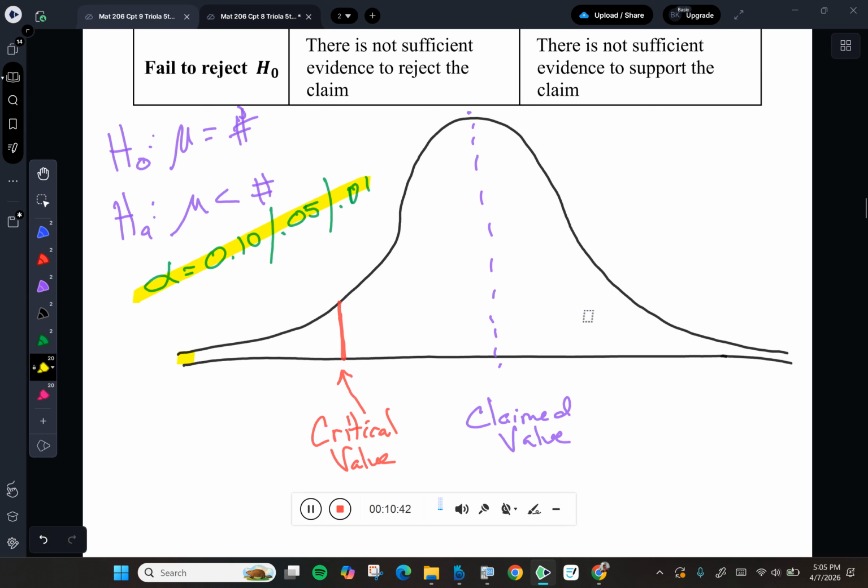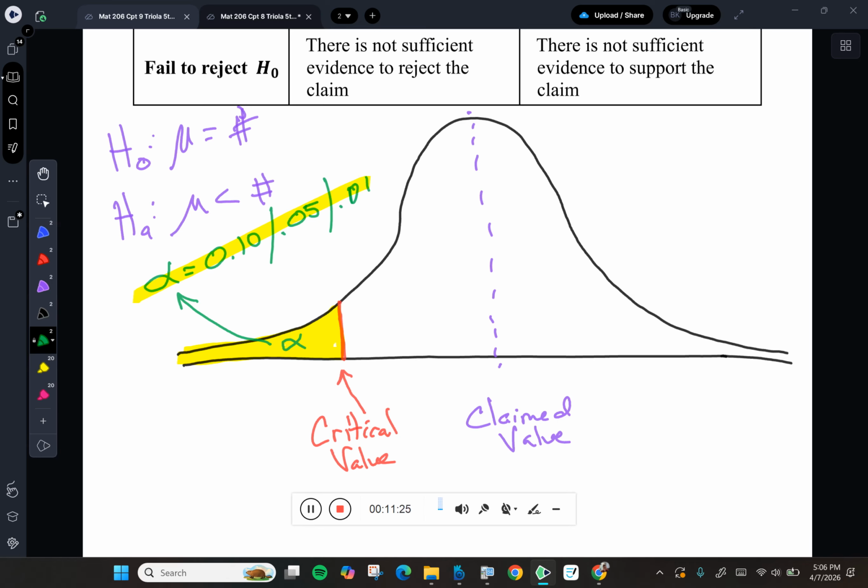That critical value splits our distribution into two pieces, where this left tail in this example has an area that is exactly alpha. So if you're running a 10% level of significance, that tail would have an area of 10%. If you're running a 5%, that tail would have an area of 5% of the distribution. 1%, 1% for that area. Or if you think in terms of probability, that tail would represent a 10% chance, a 5%, or a 1%.